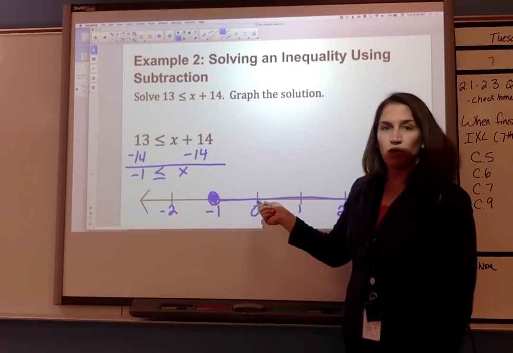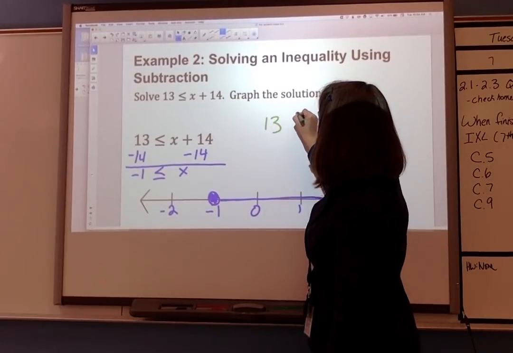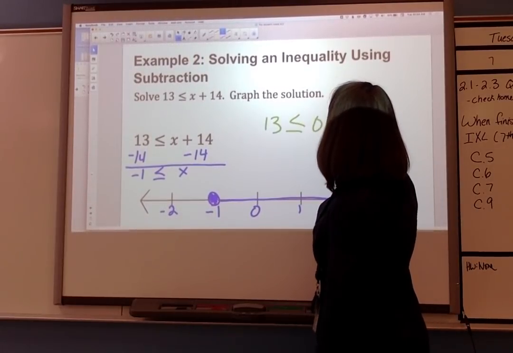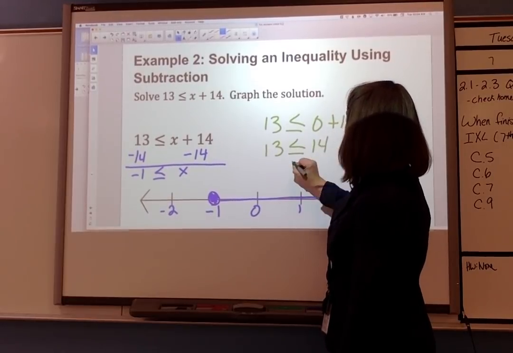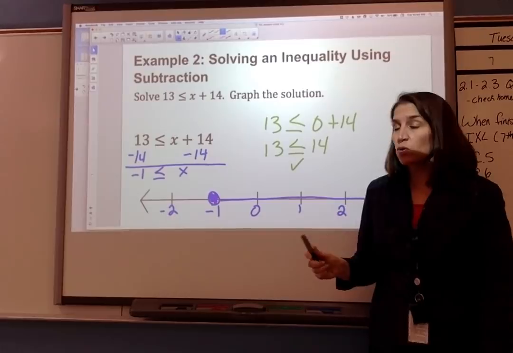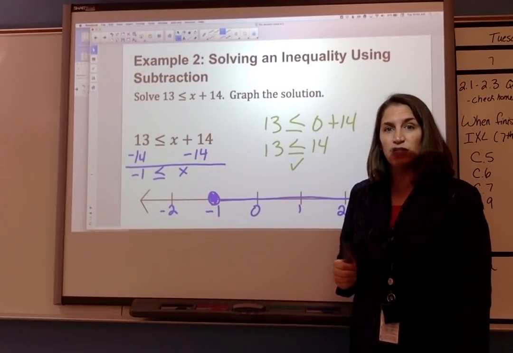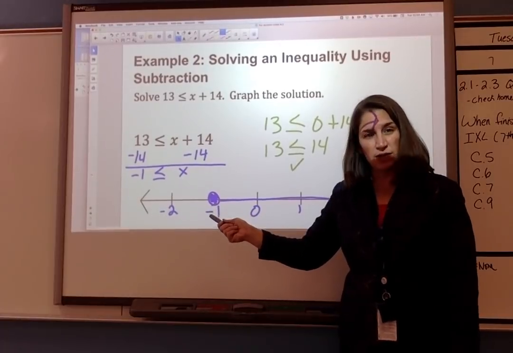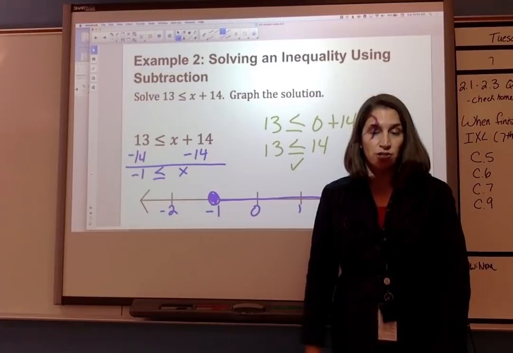So let's use 0 to check, since 0 appears to be a solution. We'll say 13 is less than or equal to 0 plus 14. 13 is less than or equal to 14, so yeah, that's true. So we can use any value that's part of the solution set to check. I wouldn't recommend using negative 1 to check, though, because that won't tell us whether we shaded the right direction.